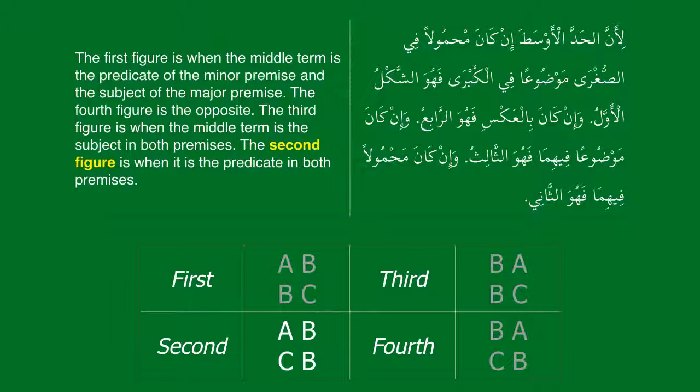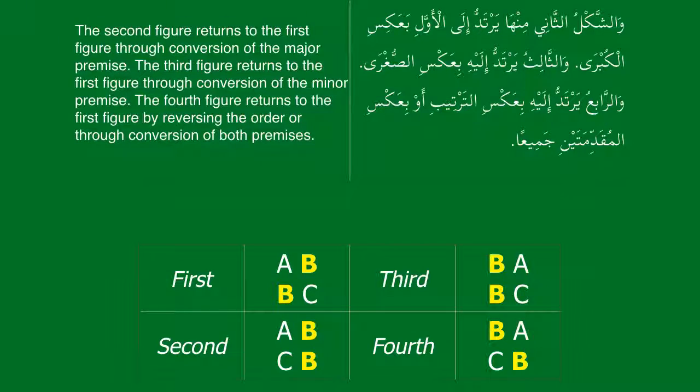And in the second figure, it's the predicate in both premises, AB, CB. These are the 4 forms of the 4 figures of the categorical syllogism. And we work out the figures by looking at the location of the middle term, the term that is common. So the position of the middle term will tell us what figure a categorical syllogism is on.